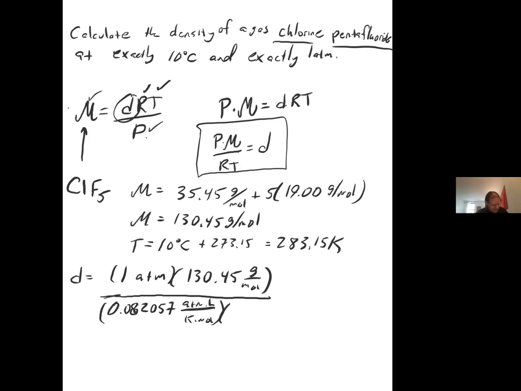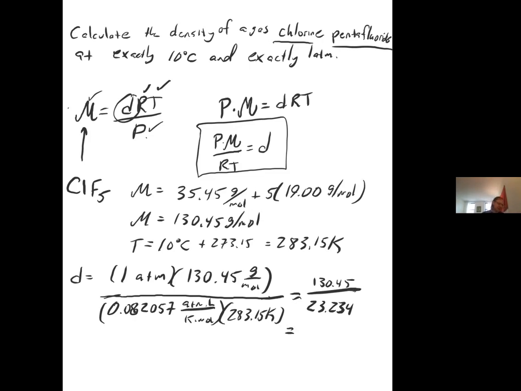And then 283.15 Kelvin. Now, when you do these calculations, make sure you divide by both of those numbers. So it's not a bad idea to multiply everything in the top and then multiply everything in the bottom and then do the division. So 0.082057 times 283.15, you get 23.234 down here, and then do the ratio.